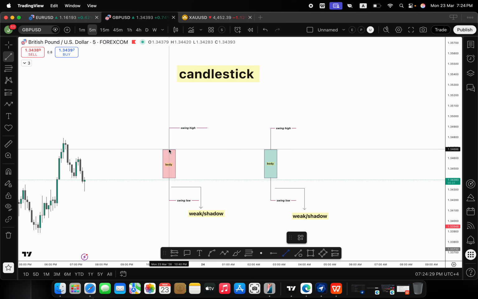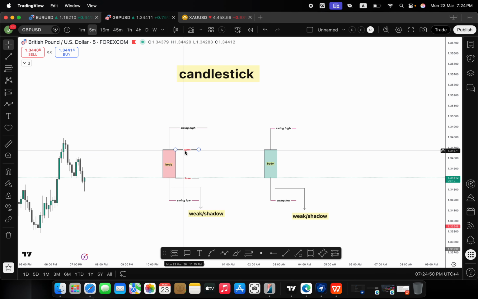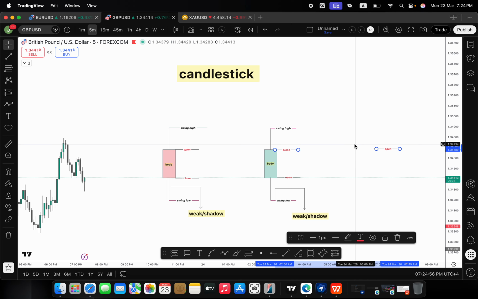So this is opening and this is the closing part. So this is open and this is close. So here, this is opening and this is close.